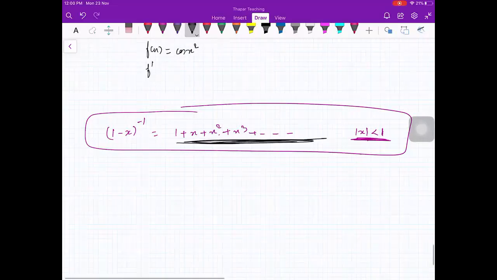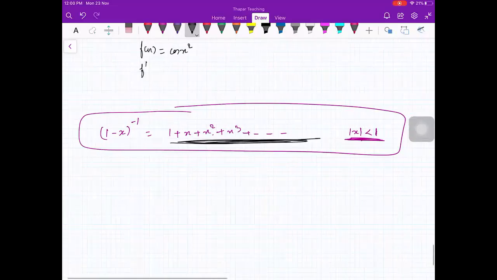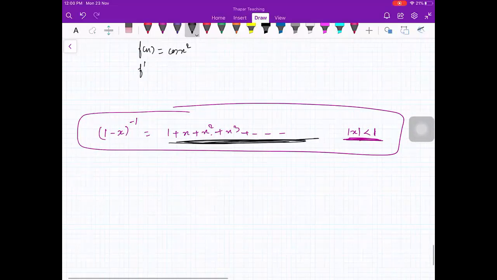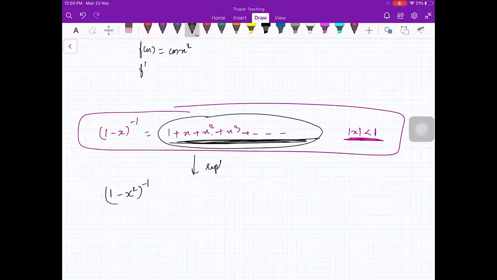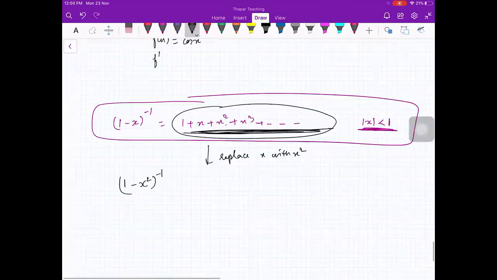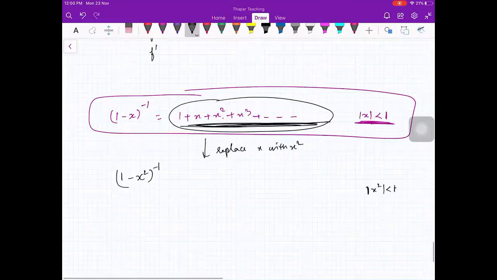Now if you are asked to write the Maclaurin series for this, you can just replace x with x square. So your condition will change: mod of x square should be less than 1. In this case you will get the same thing, because mod x square less than 1 means mod x less than 1.